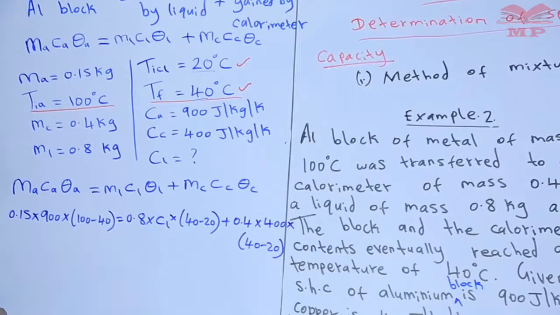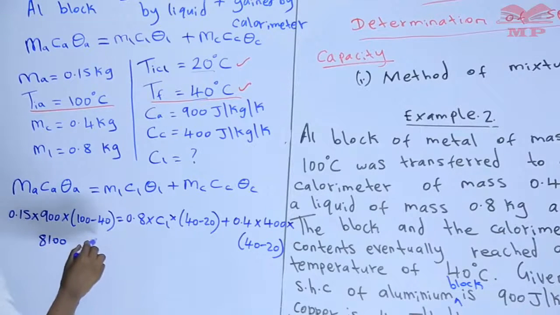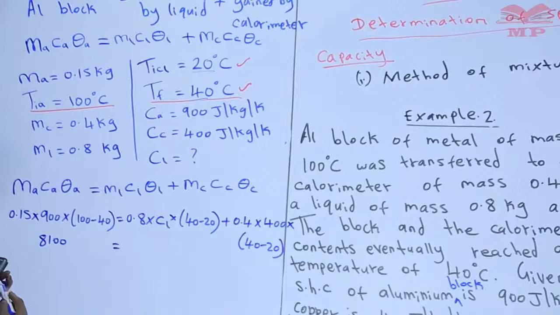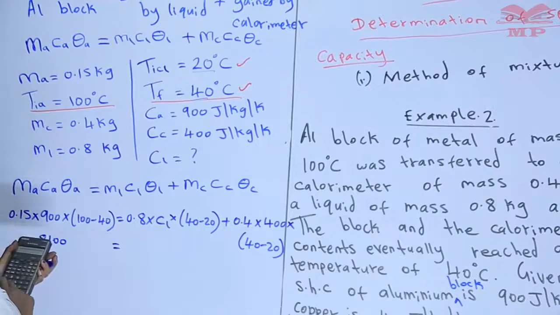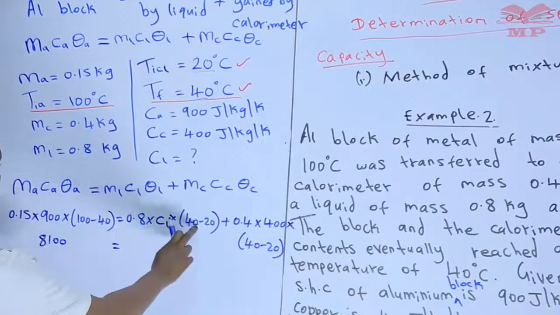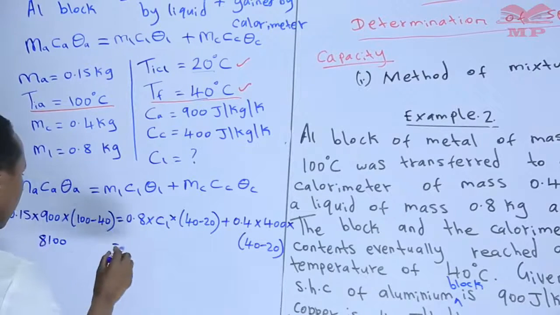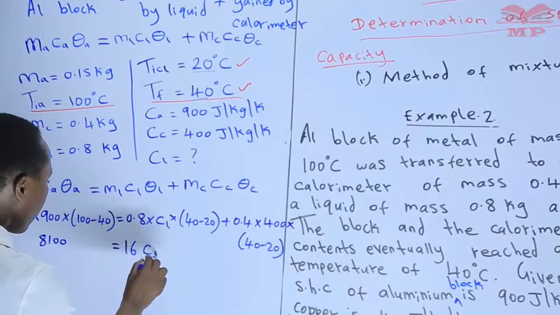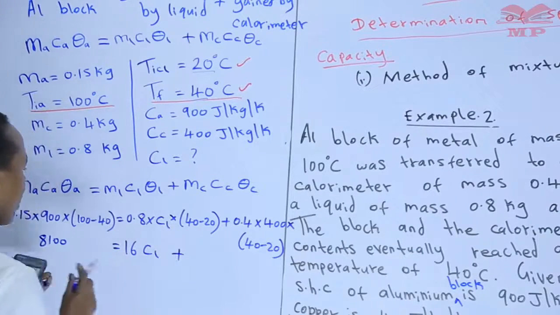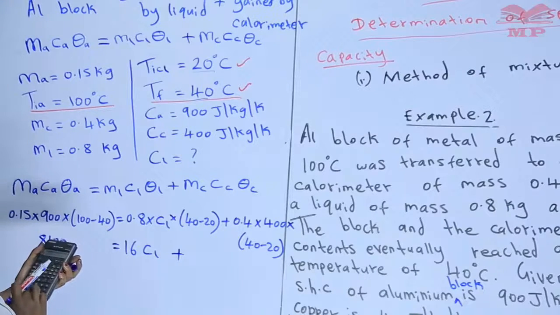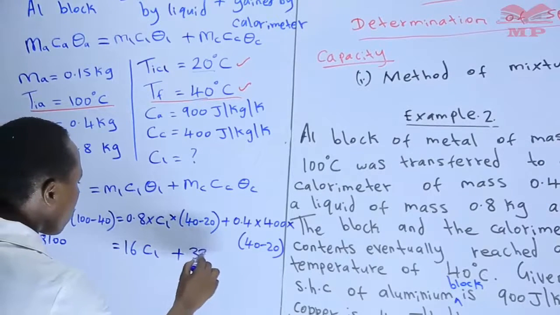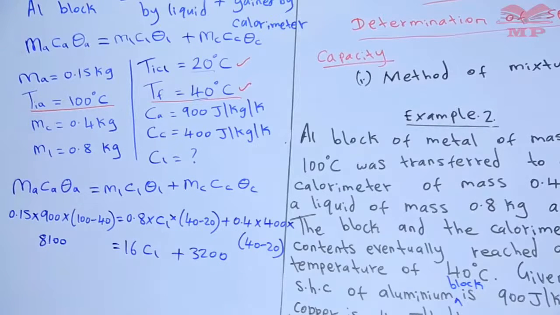So you end up getting 8100 on this side, equal to, we can multiply here, 0.8 multiplied by 20, you get 16, then multiplied by the specific heat capacity of the liquid, plus on that other side we have 0.4 multiplied by 400 multiplied by 20, which is 3200. So we can now get the specific heat capacity for that liquid.